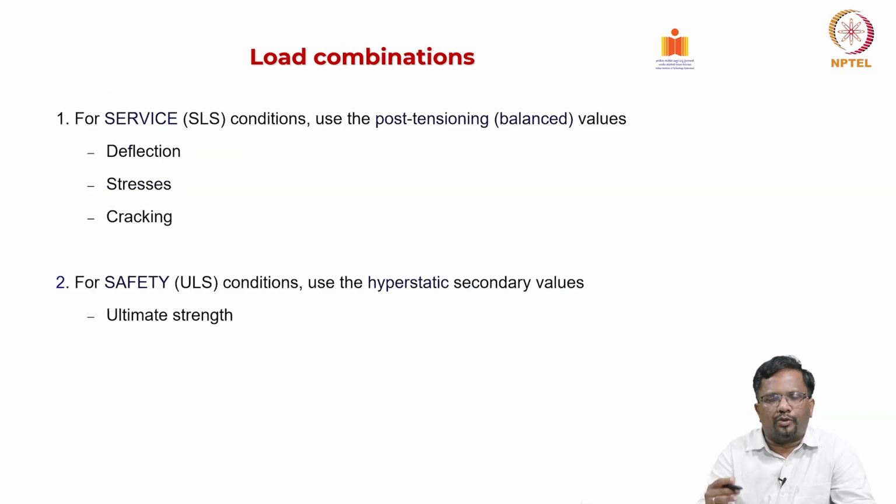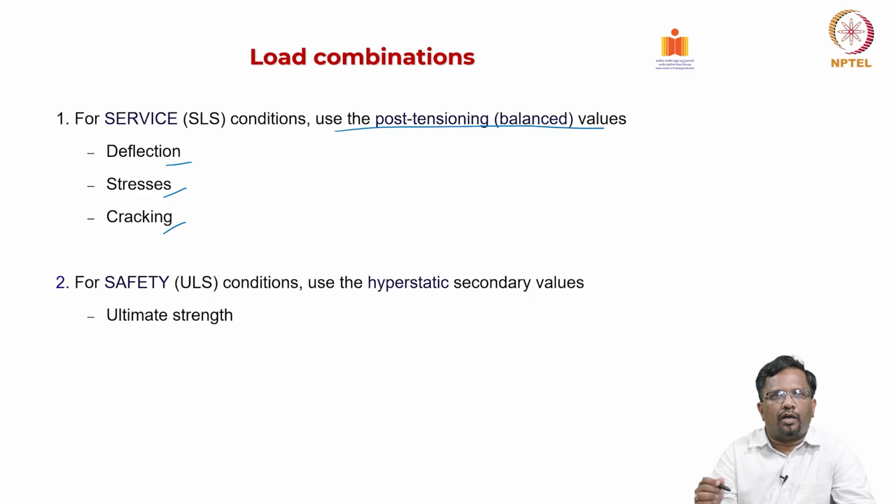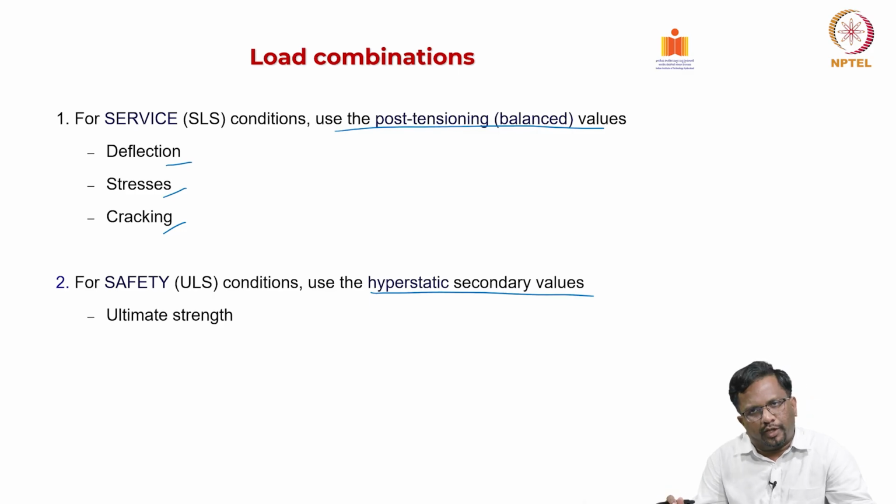Now, we looked at the two different important states. For service conditions, we are going to use the post-tensioning balanced values to calculate the deflections and check for stresses and cracking. For ultimate conditions, we have to use hyperstatic secondary moments, because we have seen that including the secondary moments will be beneficial.